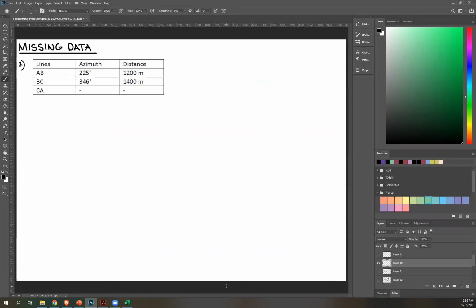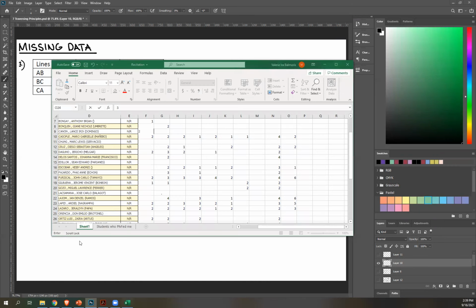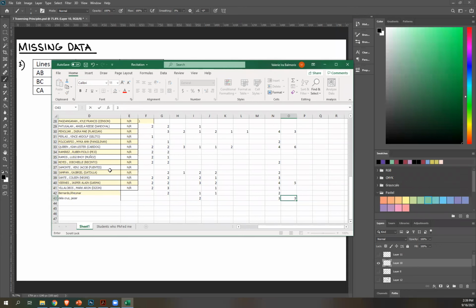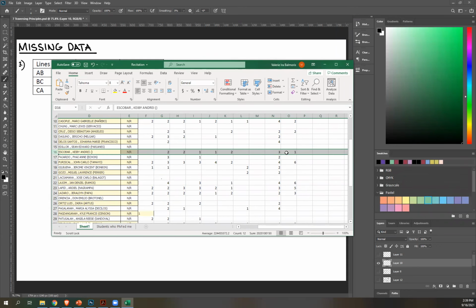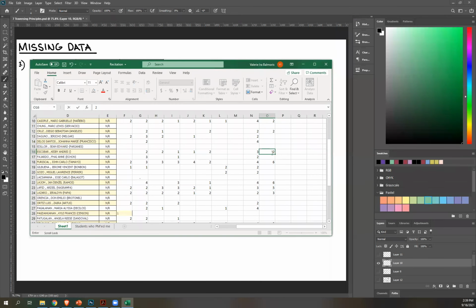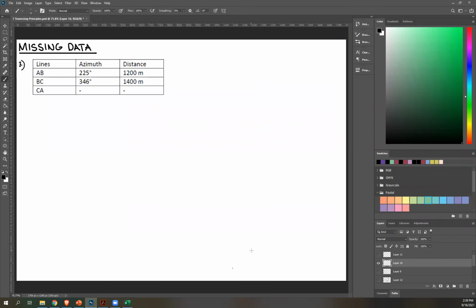What do you think? Correct, KB and Geyser. So De La Cruz Escobar. It's a triangle.